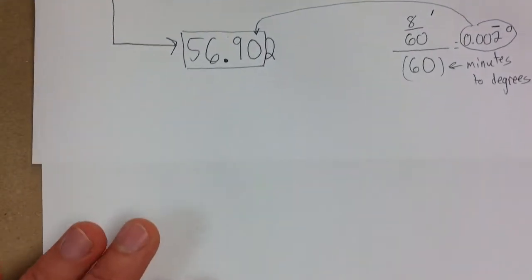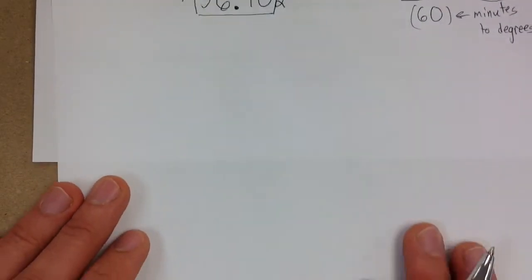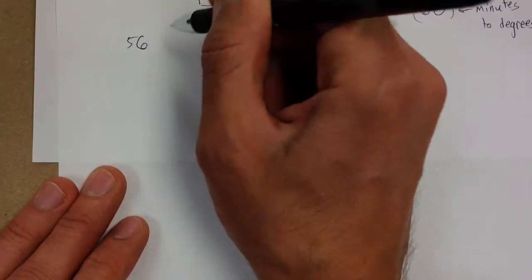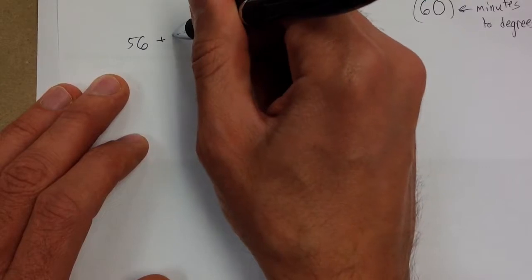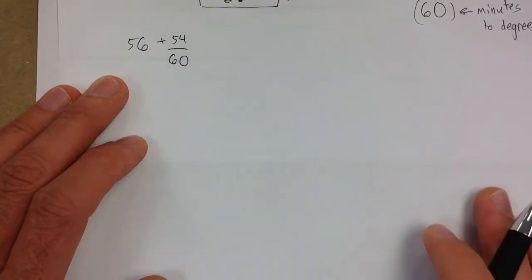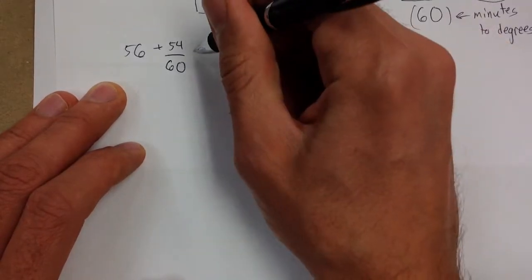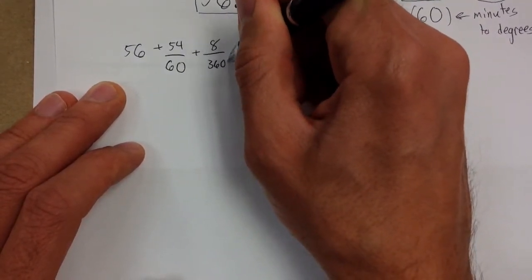So to kind of wrap it up, if you're asked to convert from degrees, minutes, seconds to decimal, you just leave the degree part. The minute part gets placed over 60, and then the second part gets placed over 3,600.